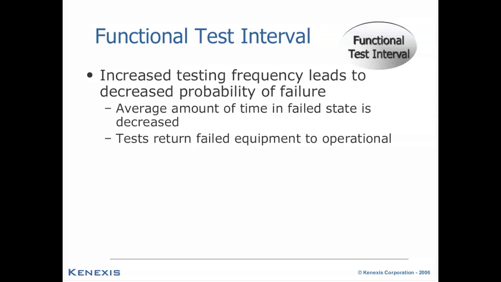Higher SIL levels would typically require more frequent functional testing, which is an increased level of testing or decreased interval on the testing, to ensure that if there are dangerous failures of components, they will be detected during a described functional test and not be uncovered during a dangerous or demand condition.